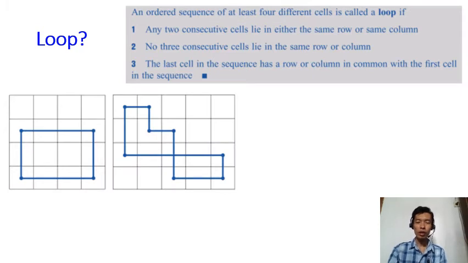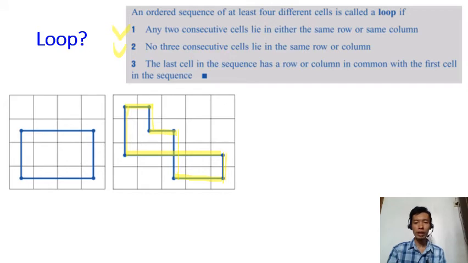For the second one, again, let's check: any 2 consecutive cells are always in the same row, or in the same column. So the first one is check. We don't have 3 consecutive cells in the same column or row, so check. And then the last cell in the sequence has a row or column in common with the first in the sequence.